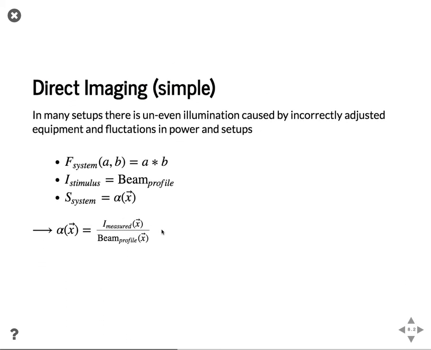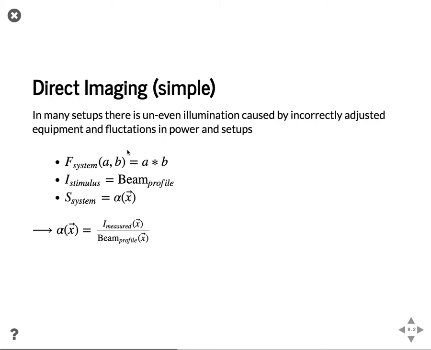And if we look at direct imaging with a simple example, where you have a beam profile, you might be using constant illumination if it's a microscope, a laser if it's a confocal system, or any number of other similar steps in between.